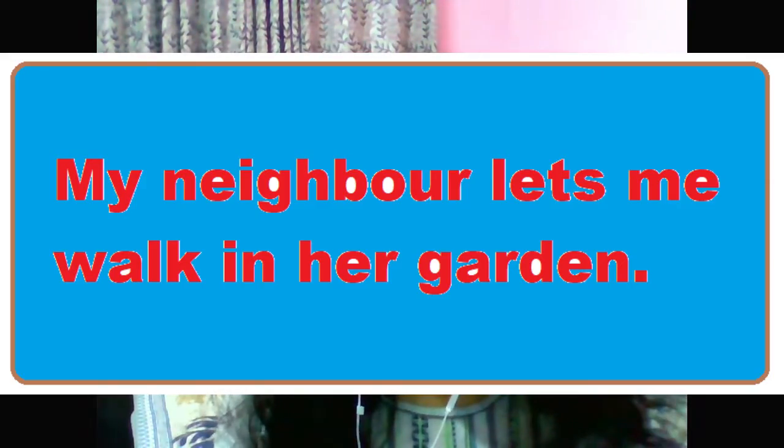A few examples will help more. Example number 1. My neighbor lets me walk in her garden. Oh, how nice of my neighbor. My neighbor lets me walk in her garden means my neighbor allows me, permits me to walk in her garden. Let's take one more example.